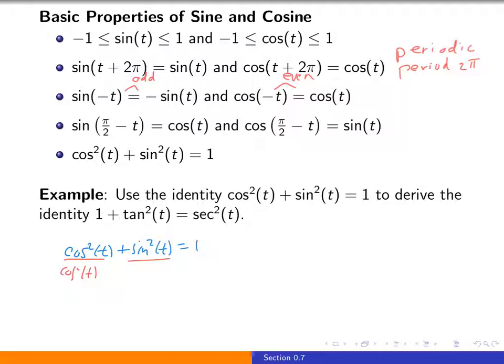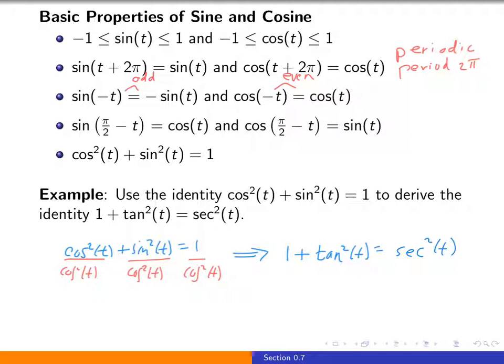So let's divide each term by cosine squared. And when we divide each term by cosine squared, the first term becomes 1. The second is sine squared over cosine squared, which is tangent squared. And then on the right-hand side, the 1 over cosine squared is simply secant squared.